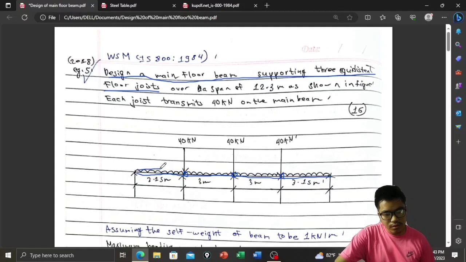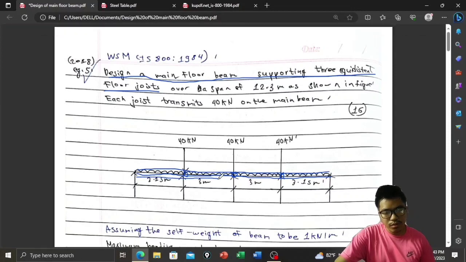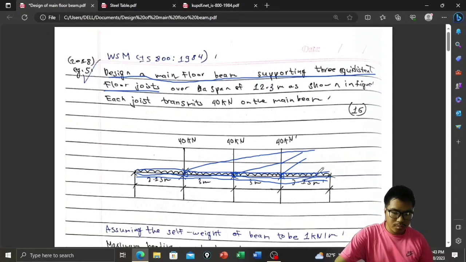Here is the load from slab, and below the slab the joist will support the slab, and this main beam will support the joist. These joists are small beams, and this main beam is a large beam which supports the load of these joists.